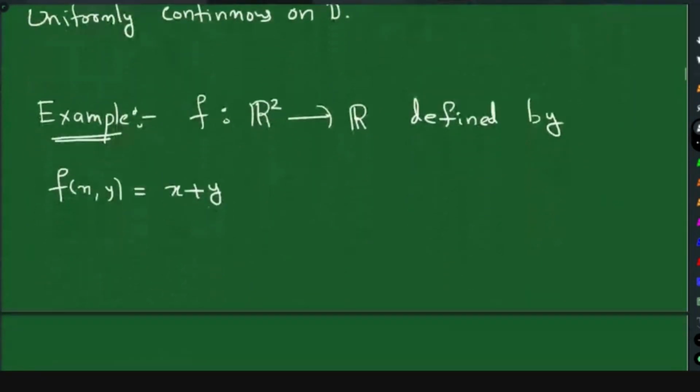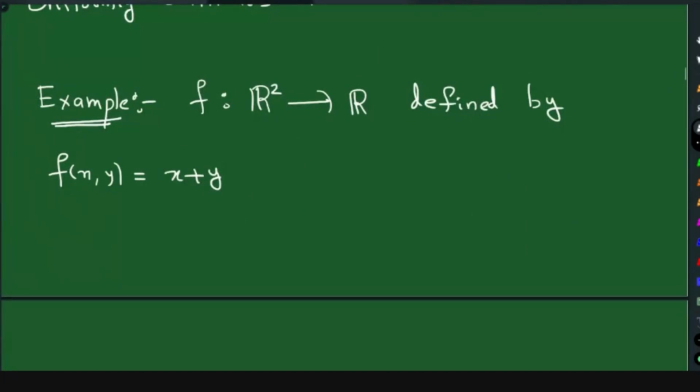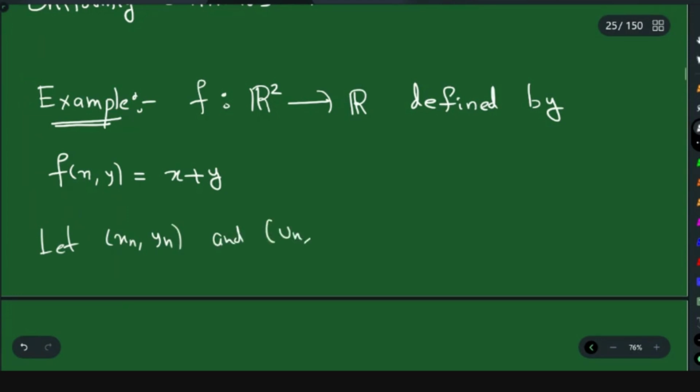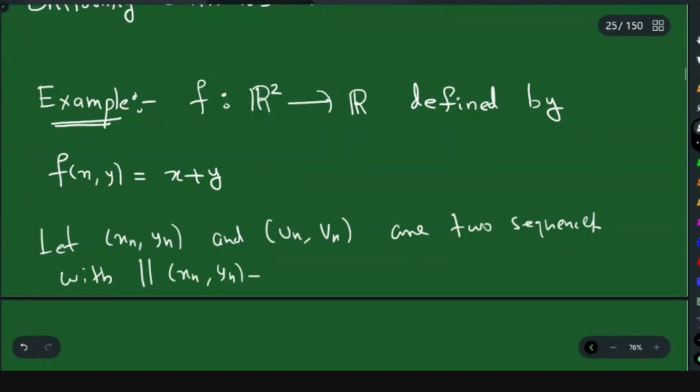Now let us look at the example. The first one: f from R2 to R defined by f of x y is equal to x plus y. Now you can easily observe that this function is uniformly continuous. Why? You consider two sequences, xn, yn and un, vn, with the norm of xn, yn minus un, vn converging to 0.